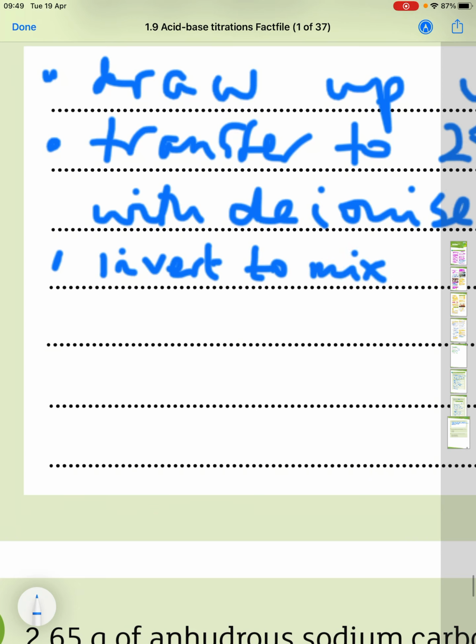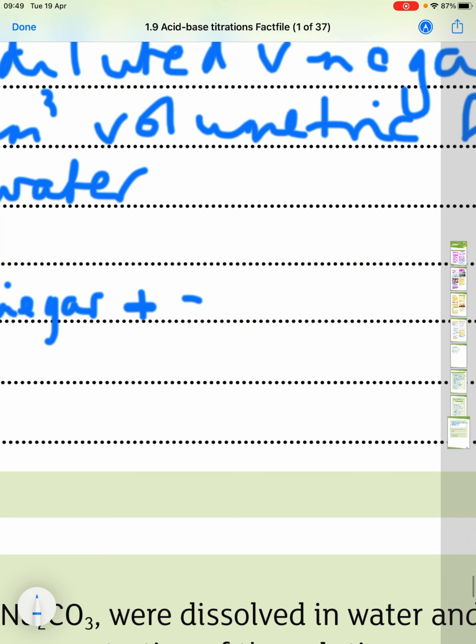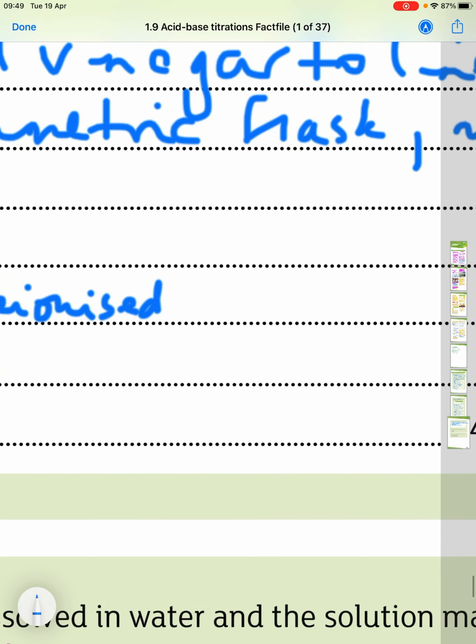Then you're going to invert it to mix. Then you're going to rinse the pipette. And you're going to do that with the dilute vinegar and deionized water.